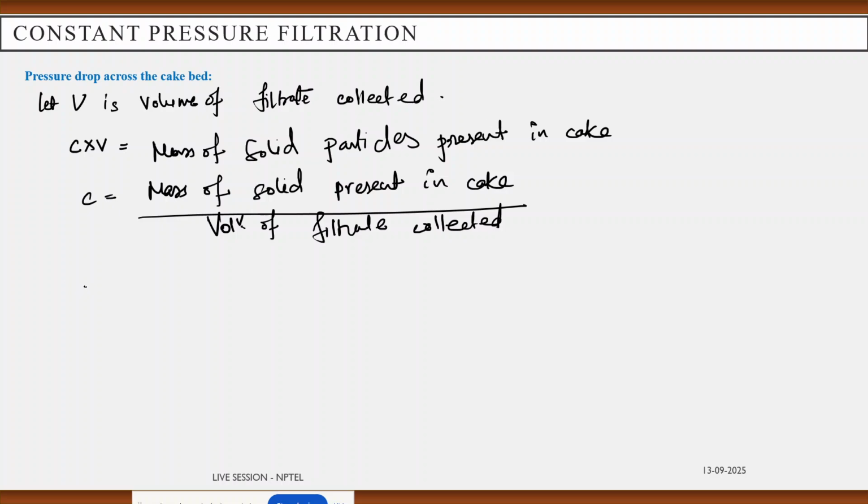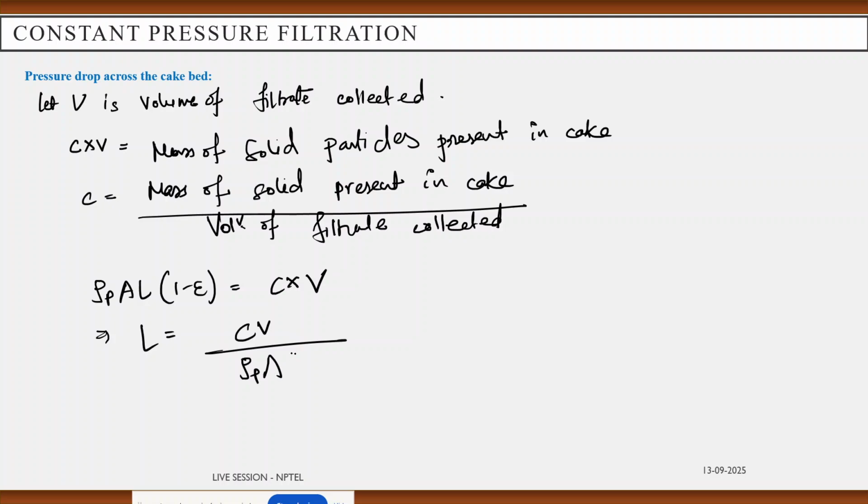So we can write alternately that, from the derivation we did, these two are equal. From there you can easily find out L equals Cv by rho P A (1 minus porosity). So you put this value into the Kozeny-Kármán equation.